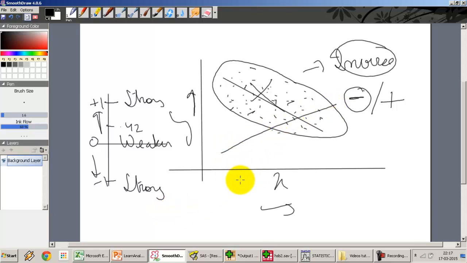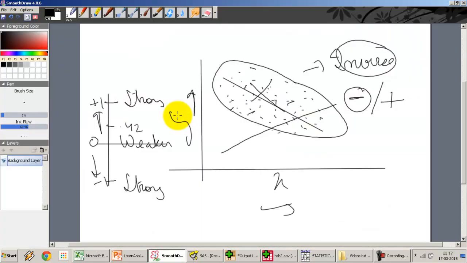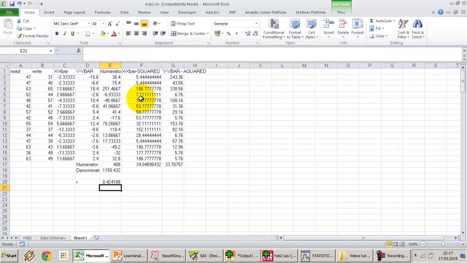So as the read score increases, we observe an increase in the write score as well. And the correlation is halfway between weak and strong. So it's neither weak nor extremely strong. It's somewhere halfway, so about medium strength correlation. And the way we've calculated this is 0.42.